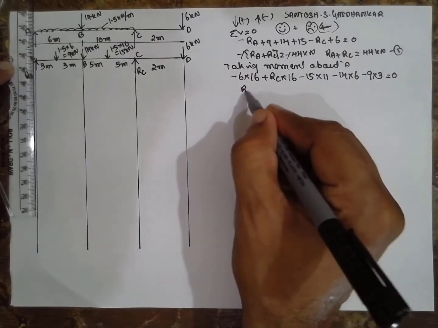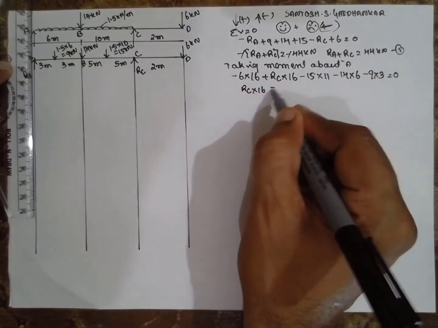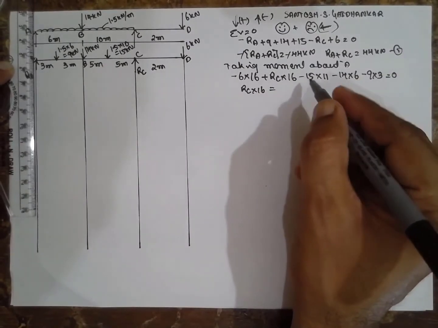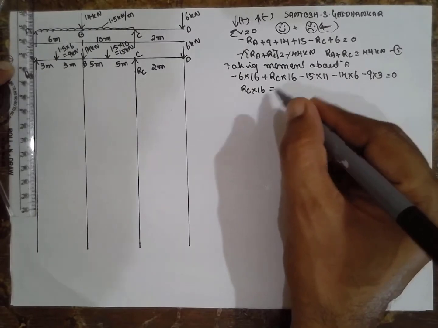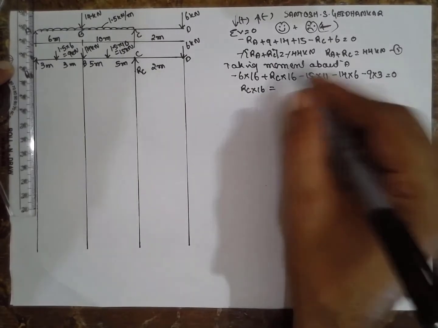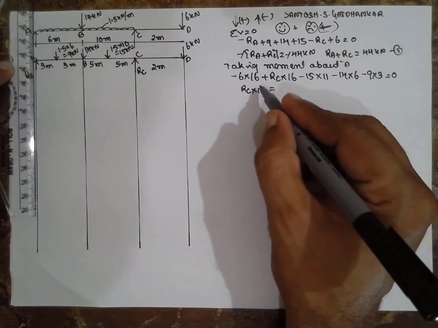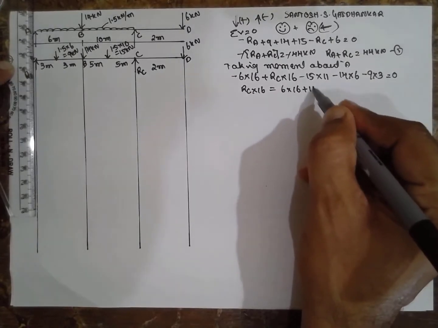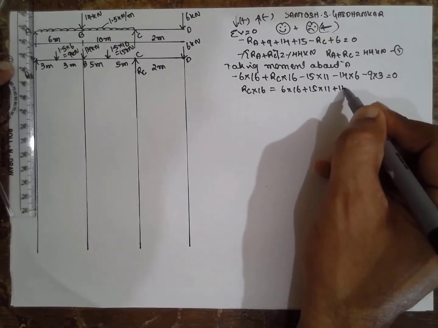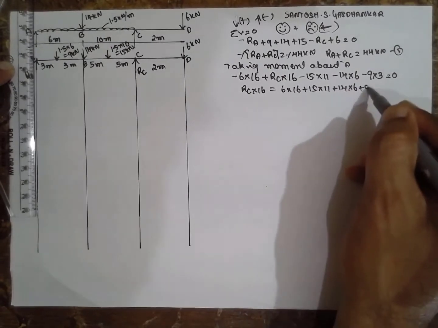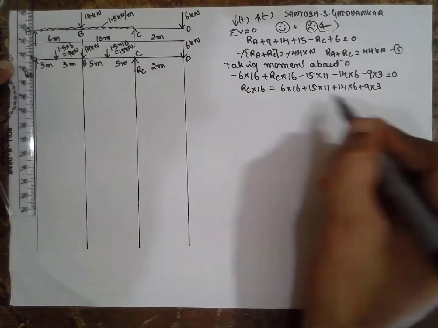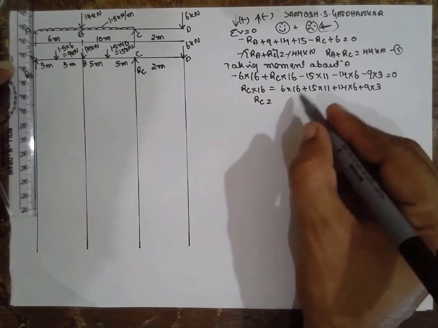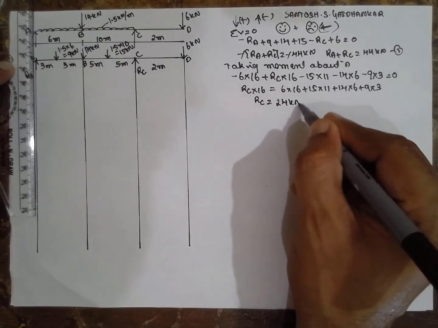Bringing the entire term to this side, RC is equal to 6 into 16 plus 15 into 11 plus 14 into 6 plus 9 into 3, divided by 16. Therefore RC will be 24 kilonewton.